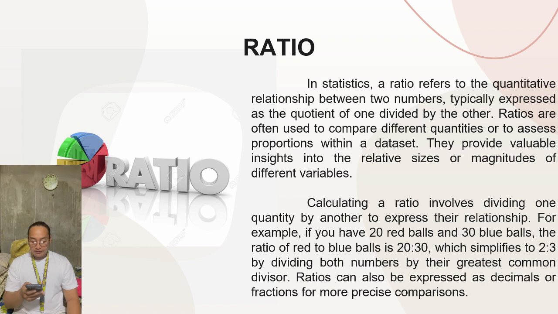Ratio. In statistics, a ratio refers to a quantitative relationship between two numbers, typically expressed as a quotient of one divided by the other. Ratios are often used to compare different quantities or the proportion within a data set.